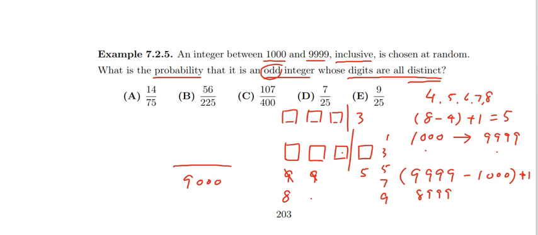So 10 minus 2, so 8. And this one, 10 minus 3 should be 7. So how many numbers that are odd with distinct digits? We have 8 times 8 times 7 times 5. Then we just try to simplify.